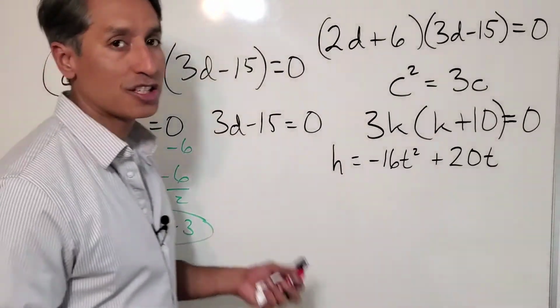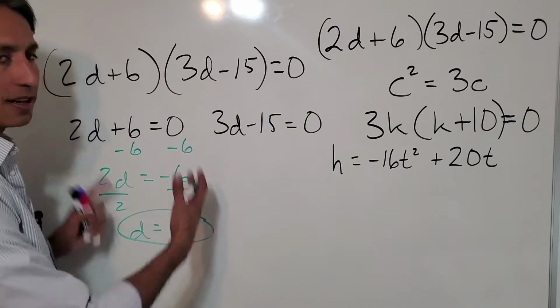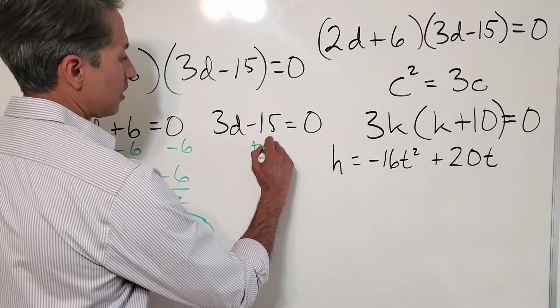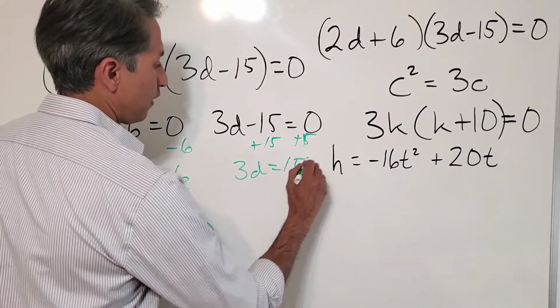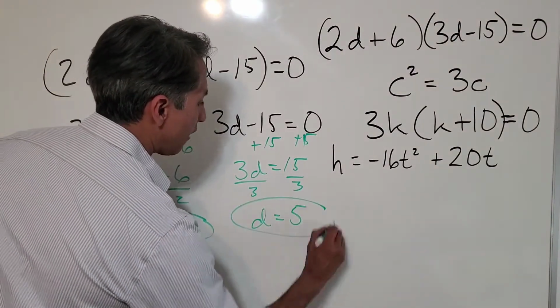So again, maybe you just need to go back and double check this stuff. I know I went kind of quick, but I am going to leave it up here so you can just take another peek. Okay, let's see here. Plus 15 on both sides, so I get 3d equals 15, divide by 3, d equals 5.